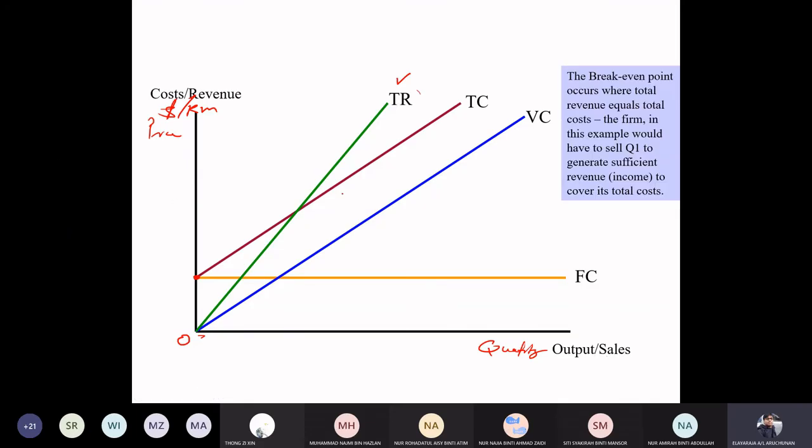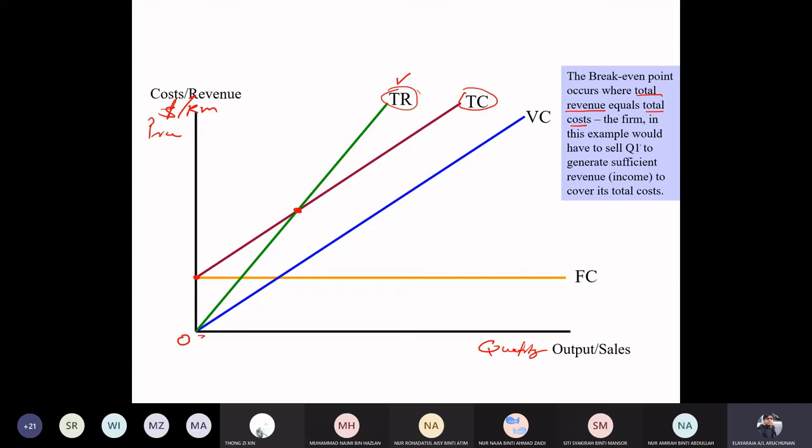Now the break-even point occurs when the total revenue is equal to the total cost, which is here.